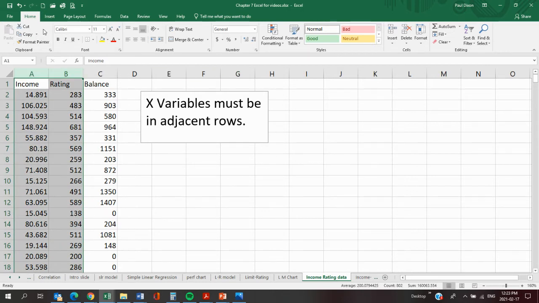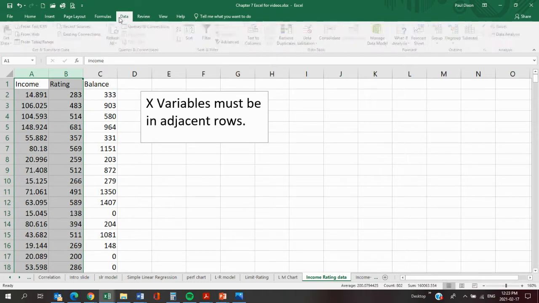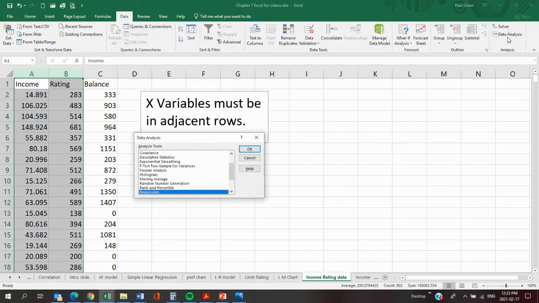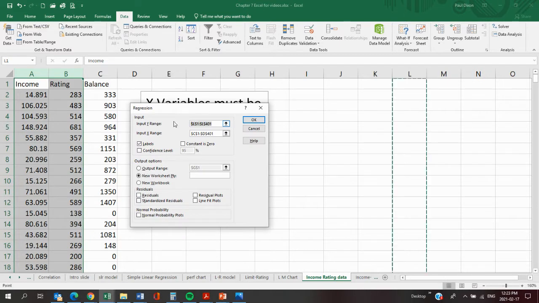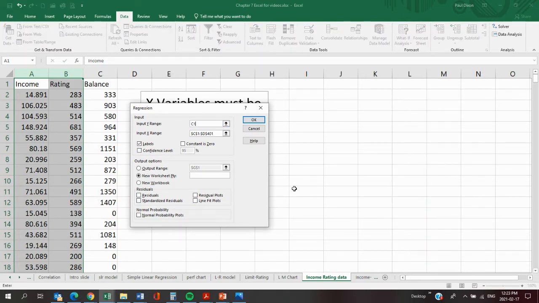And then I can go to data analysis. I can go to regression. I'm now going to pick the y variable in column C, and my x variables in columns A and B. I've got labels here.